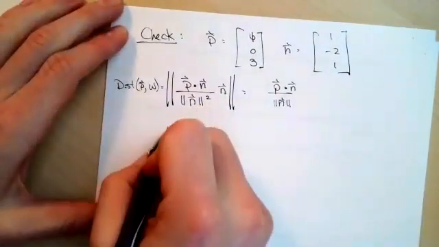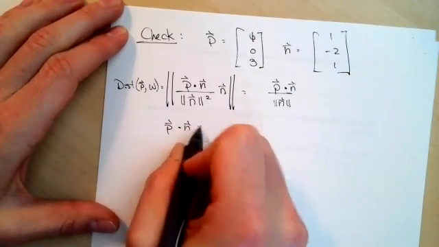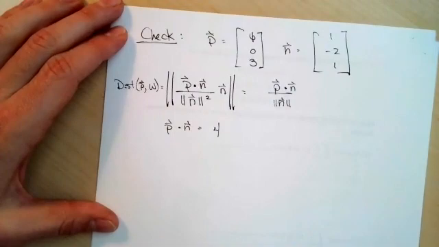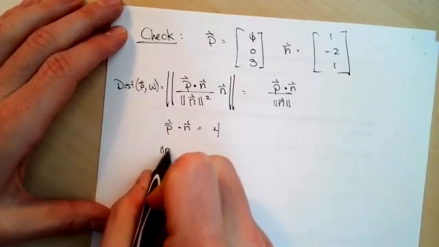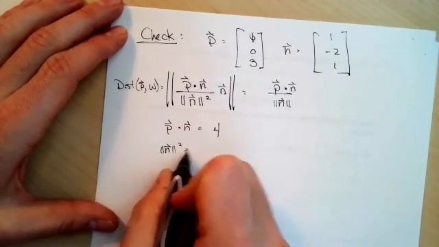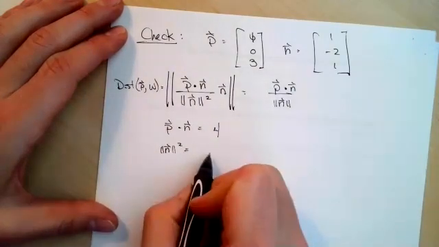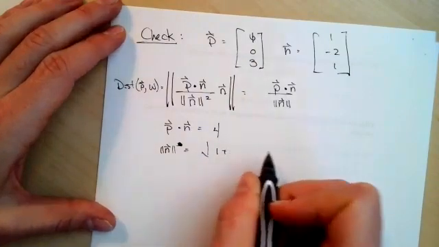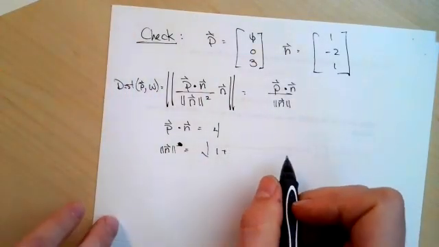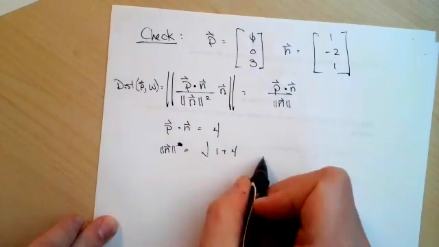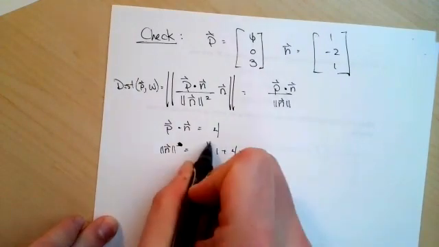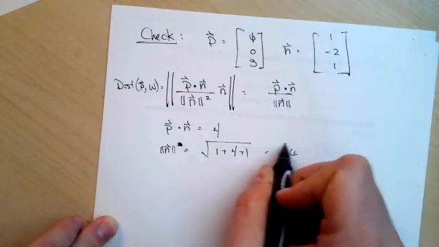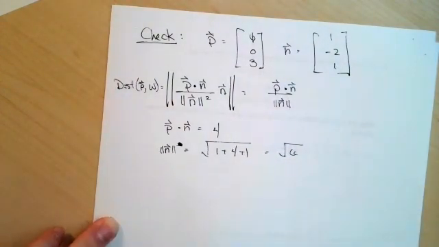So P dot n is going to give us 4. And then the norm of n squared is going to give us, norm of n, square root of 1 plus 4 plus 1. So square root of 6.